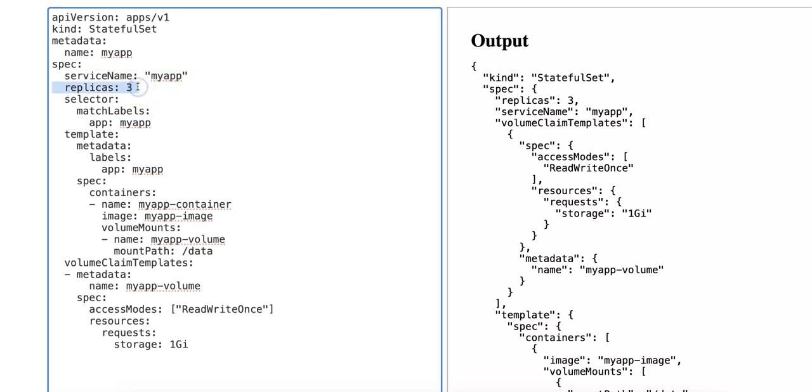Also, the replicas is set to 3, which means that 3 pods will be created: myapp-0, myapp-1, and myapp-2. And if you look at volume claim templates, this is ensuring that each pod gets its own persistent volume. In this case, the metadata.name is setting this persistent volume to myapp-volume. That is independent and stable across pod rescheduling.